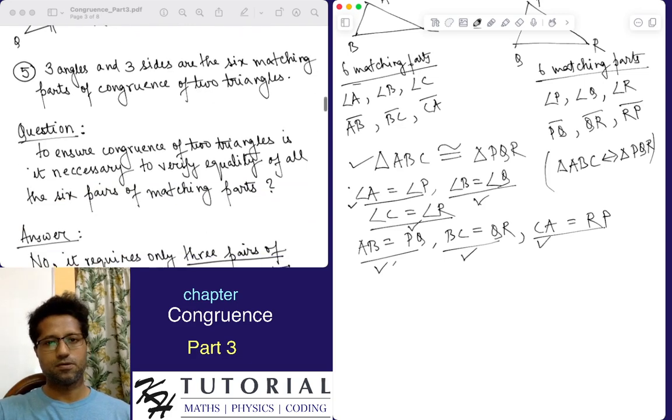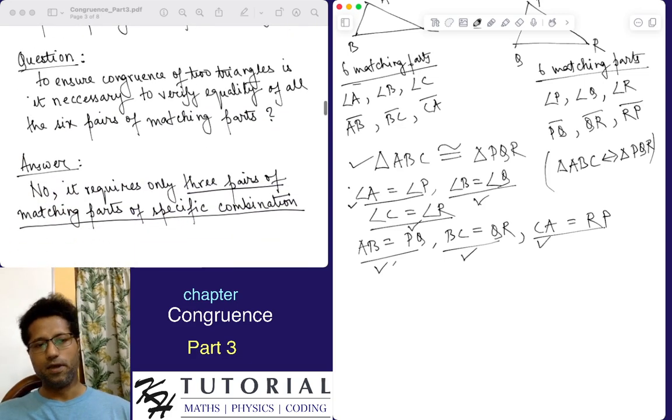In the notes I have a question. To ensure congruence of 2 triangles, is it necessary to verify equality of all 6 pairs of matching parts? By this I mean all these matching parts. That is, we have 3 pairs of matching parts involving angles and 3 pairs involving sides.